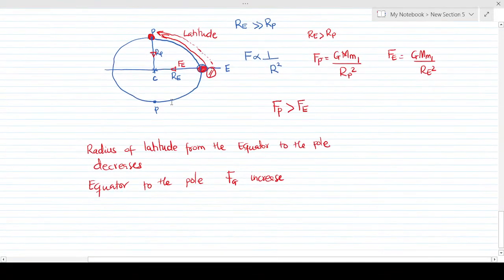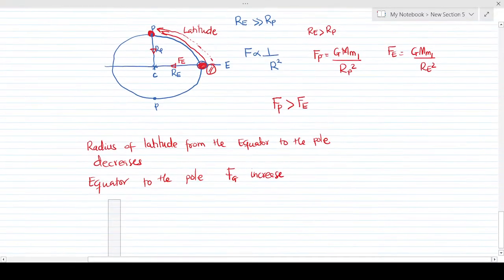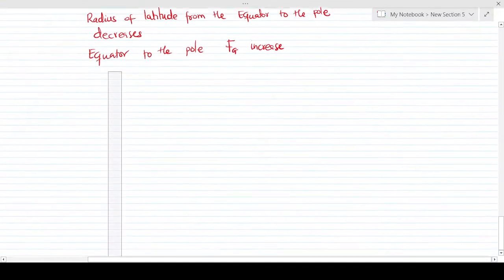Then we'll go to the second variation, that is the rotation of the earth producing centrifugal force.